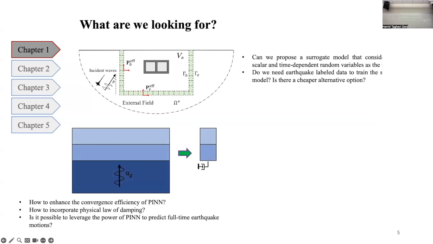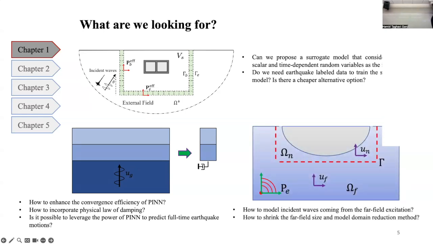For the second project, we are going to switch to PINNs, and we start with modeling the wave propagation in 1D soil columns. Then we extend this project to a 2D problem, and we are interested in solving the remote excitations by the PINNs.